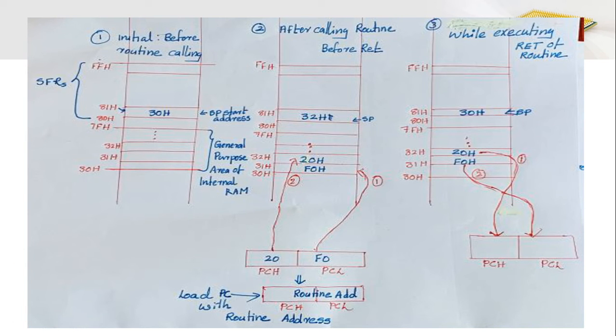Now consider this. This indicates the internal RAM space, and from 80H to FFH of our RAM space forms the special function register area, in which the 81st byte indicates the direct address of our stack pointer. Keep in mind, the 81st byte of our memory indicates the stack pointer register.